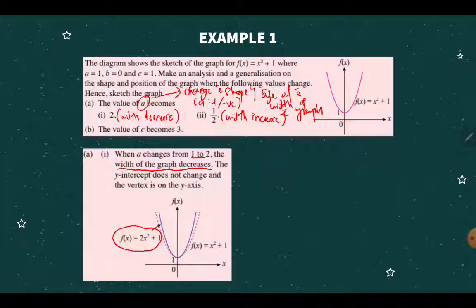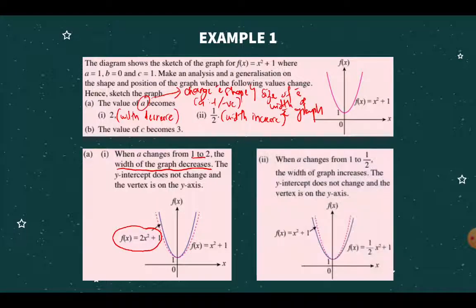So how about b? When a changes from 1 to half, the width of the graph increases. The y-intercept does not change and the vertex is on the y-axis. As you can see here, the dotted one is the original one.